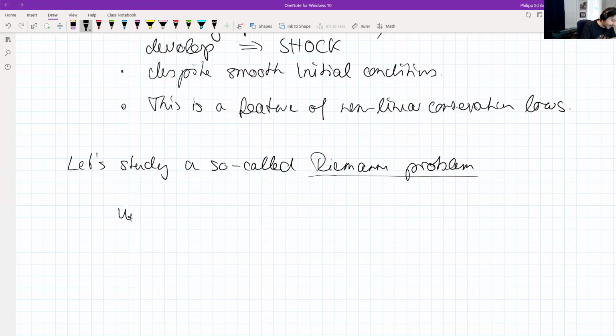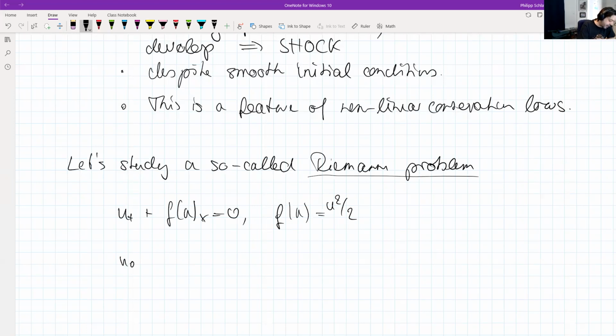So we take our governing equation, u_t plus f(u)_x is 0, and we focus on Burgers. So the Burgers flux is u squared divided by 2. So it's exactly the same equation.